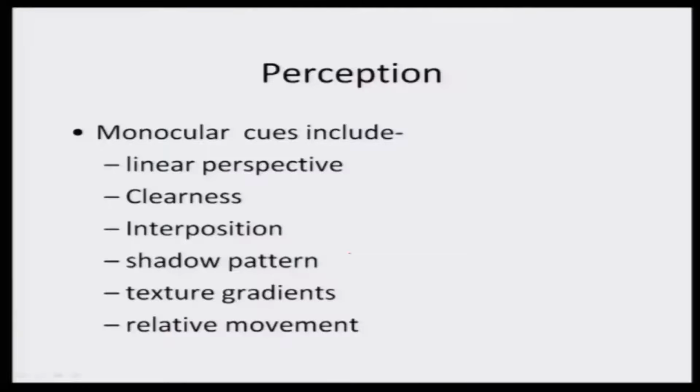Now, monocular cues basically depend on the linear perspective, clarity, interposition, the pattern of shadow, texture, and the relative motion. What we would do now is that all these 6 important ingredients of monocular cues, we will talk about them one by one, trying to take possibly the best example.